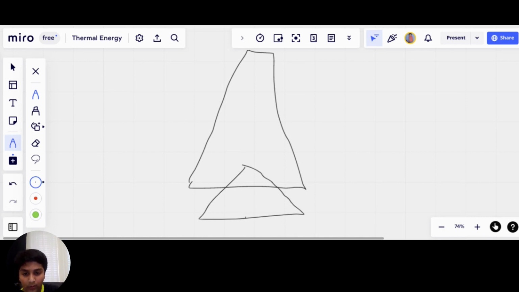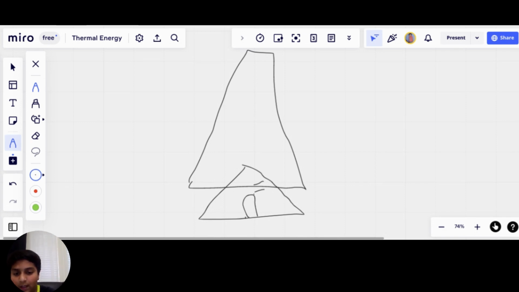That's my light bulb. Okay, honestly, that's a bad light bulb. Let me draw a different one. Okay, yeah, a light bulb. We'll just deal with that.